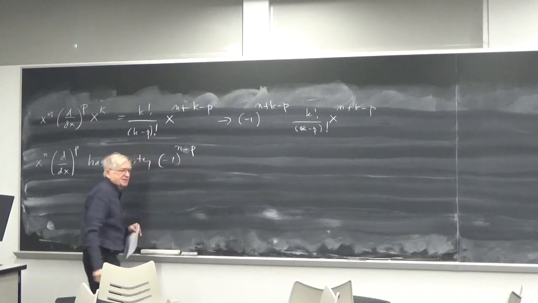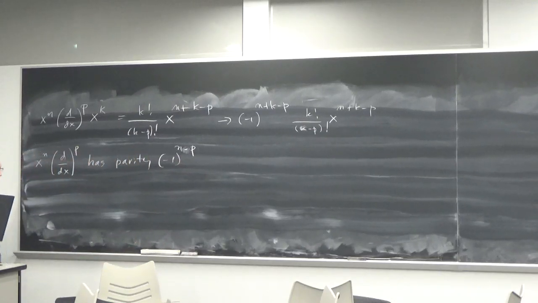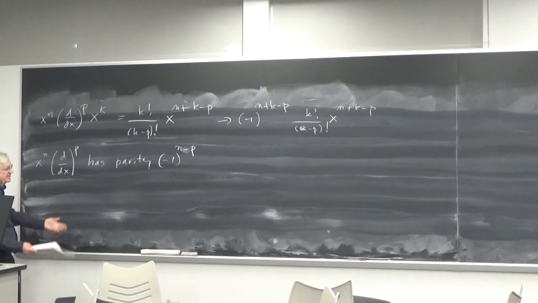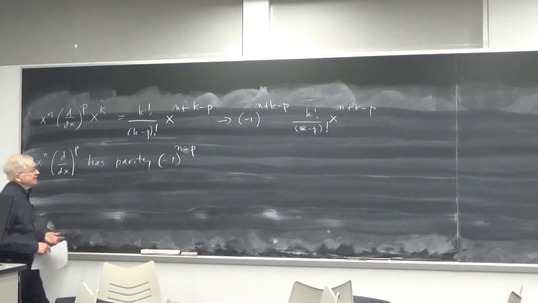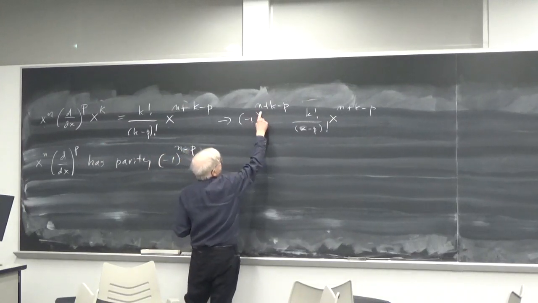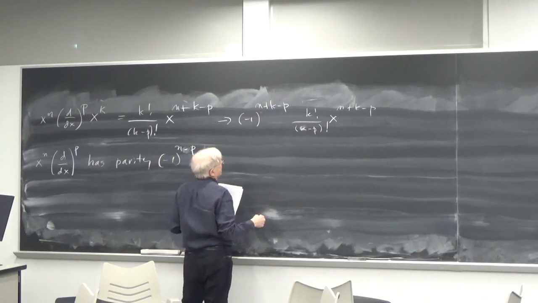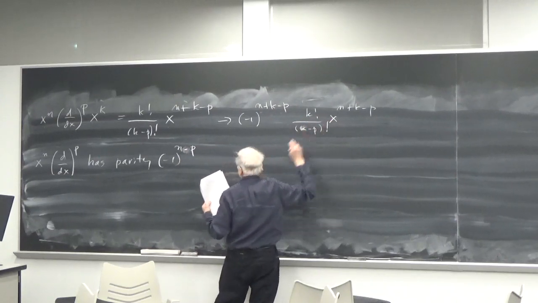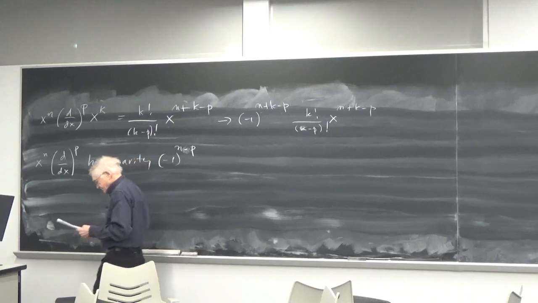But whether it's plus or minus doesn't matter, because we're talking parity. In other words, in a differential equation, if you reflect x to minus x, you get (minus 1) to the n minus p, apart from whatever effect it has due to the x to the k.